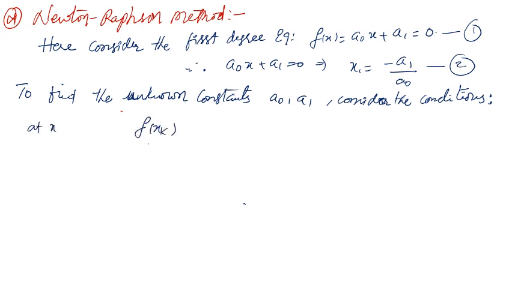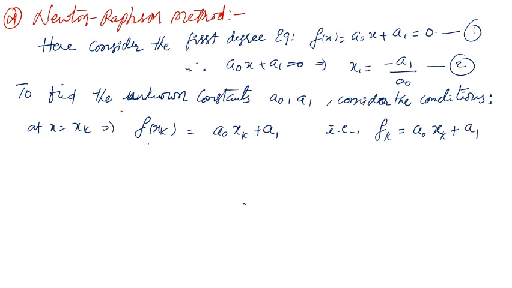At x equal to xk, f of xk equal to a naught xk plus a1 equals to 0. That is, fk equal to a naught xk plus a1.